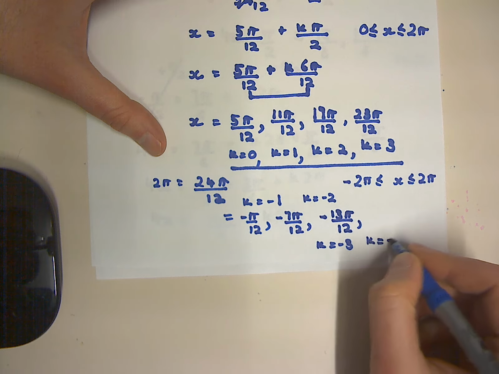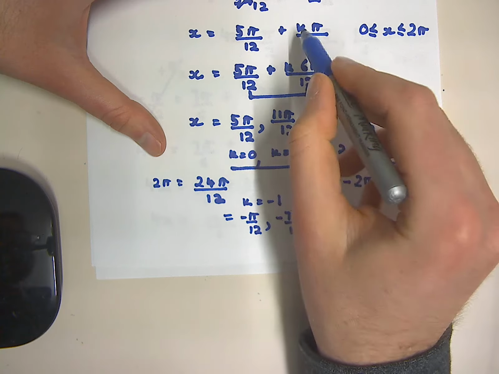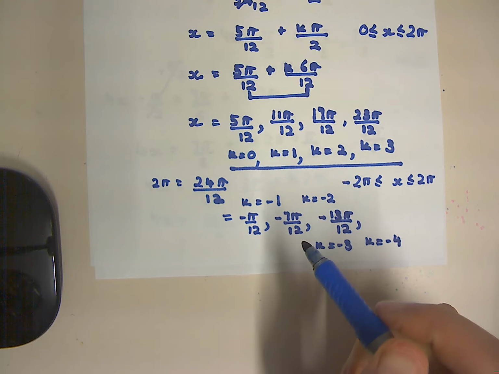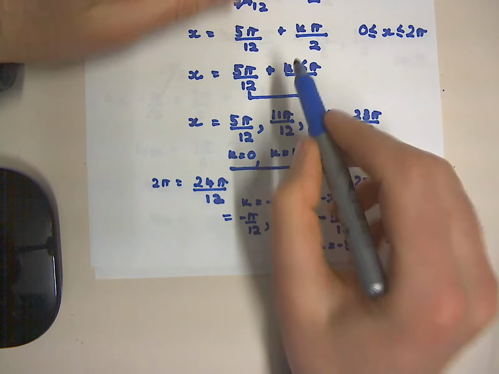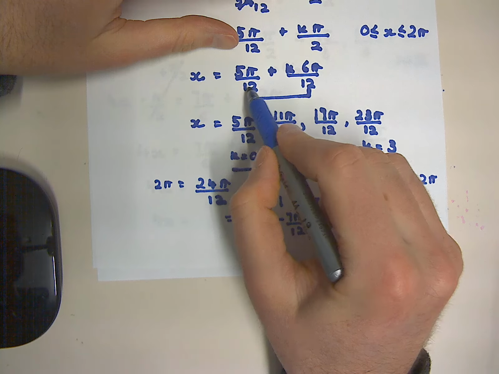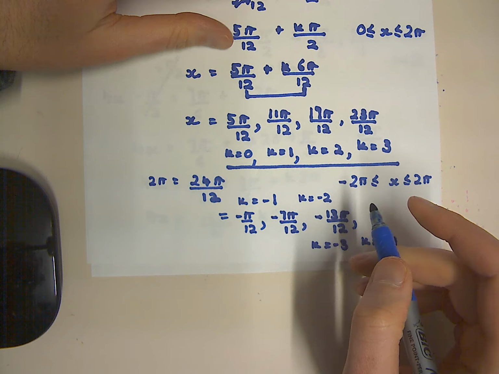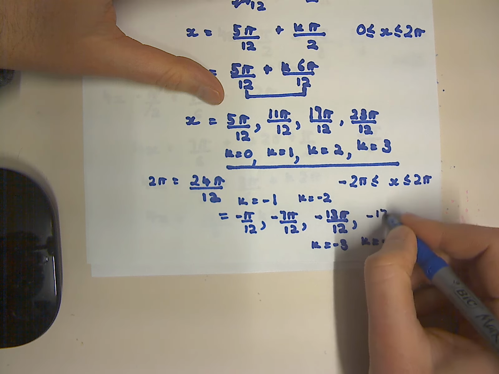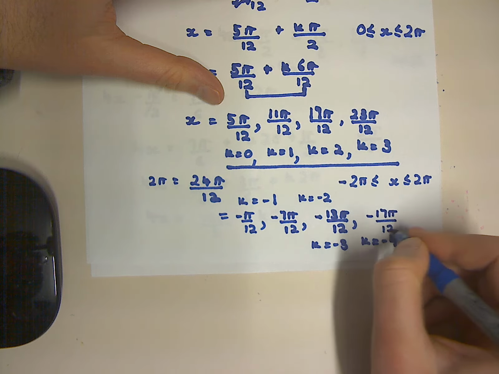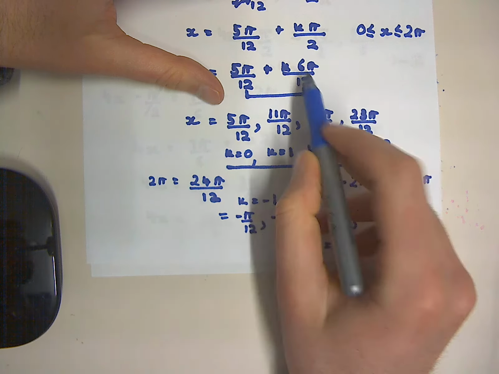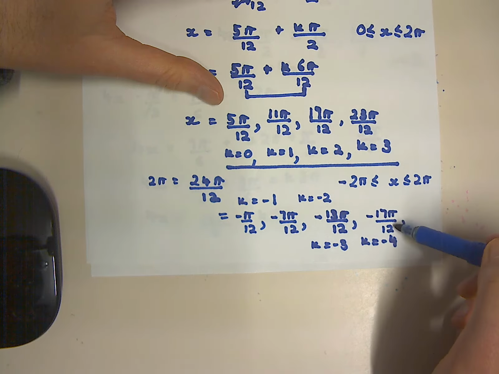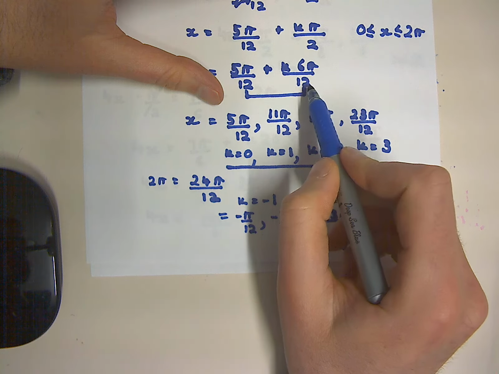Now if k is minus 4, well, 4 times 6 is 24. So it'll be 5π take 24π on 12, and that will give us minus 17π/12. Now if k is minus 5, that will be minus 30π on 12.